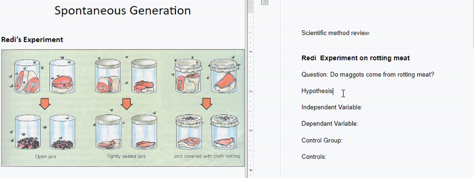Then, because Reddy, the scientist in this particular experiment, was trying to answer this question, he had a hypothesis. He believed, and this is evidenced in the way he designs his experiment, he believed that maggots came from flies that land on the meat.